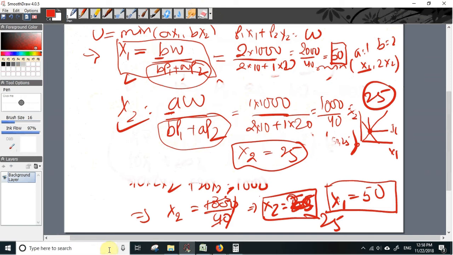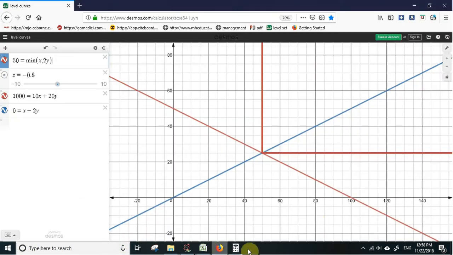Finally, let us have a look at this consumer's equilibrium in a graph. In this graph, I have plotted the utility function with utility 50. This has been derived by putting in the value of x and y. So if we put in the value of x, this is minimum of 50, 25, which is 25. So the value of utility derived is 25.